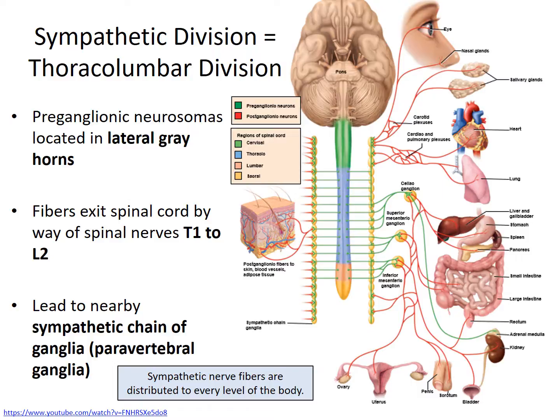The cell bodies of these neurons are found in the lateral gray horns. So the cell bodies of the preganglionic neurons are found in the lateral gray horns. If you remember, the lateral gray horns in a cross-section of the spinal cord are only observed from T1 to L2. And they contain the cell bodies of the sympathetic nervous system.